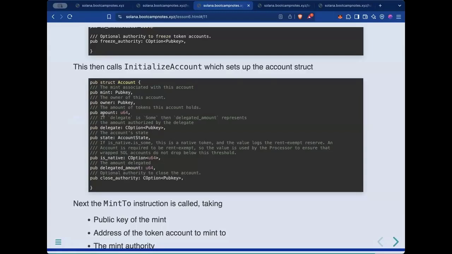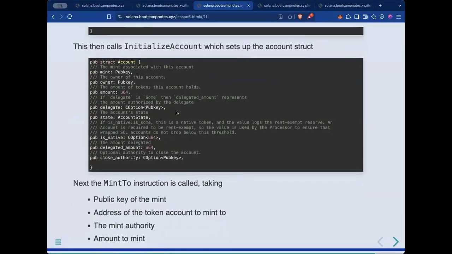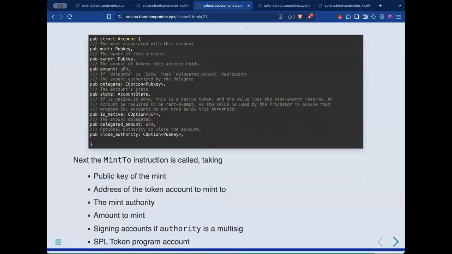And then other things, we have the owner of these tokens and the amount that they hold. We have the possibility of a delegate as well, so that we can allow somebody else to spend tokens on our behalf. And we have a delegated amount to say how much they can have.